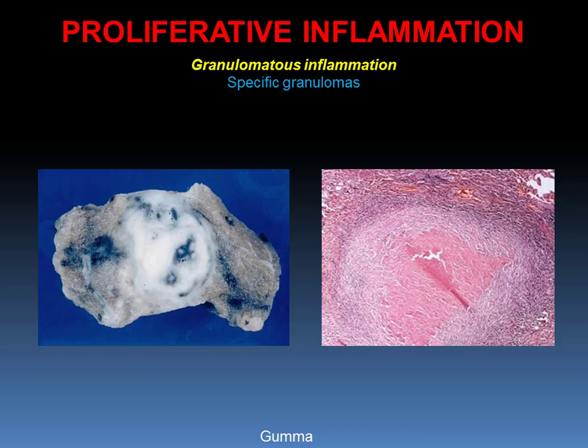Gummatous infiltrate is usually located in the wall of large blood vessels, first of all in the wall of the aorta. Gumma has its name because macroscopically it also has an area of caseous necrosis, and this jelly-like mass resembles gum arabic. That's why the name gumma.